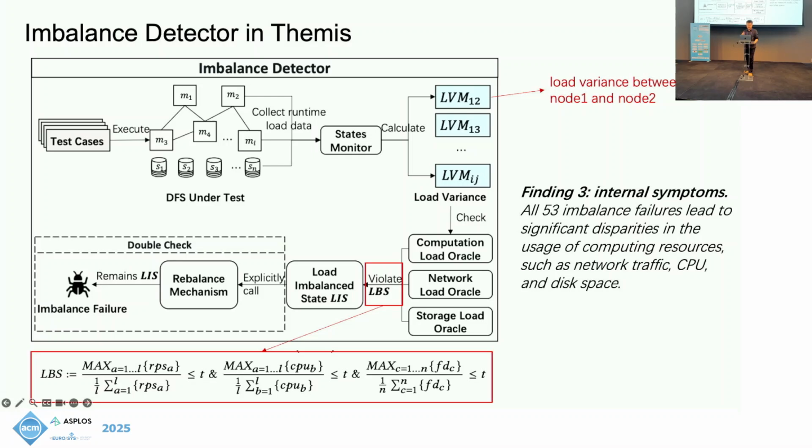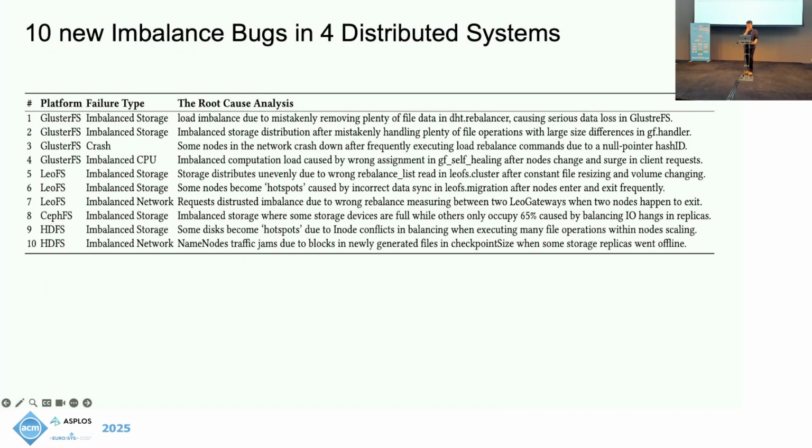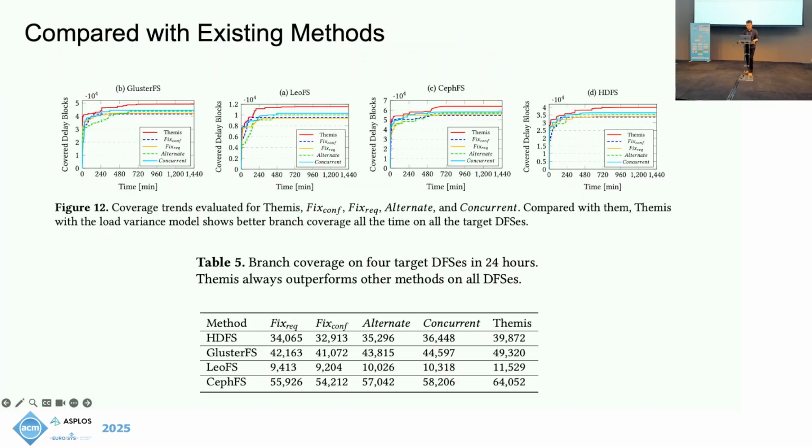If the calculated variance result is bigger than the threshold T, then we consider that a bug occurs. Based on Themis, we have found 10 imbalance bugs in 4 distributed file systems, including HDFS and CephFS.